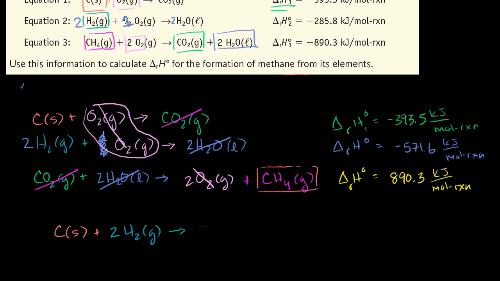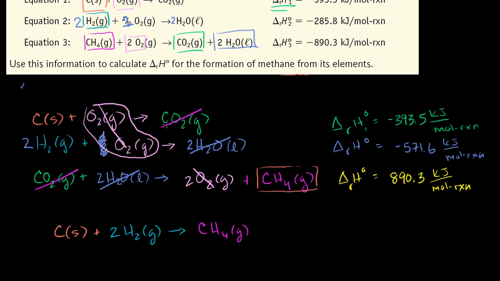Remember, we had to flip this reaction around and change its sign, and we had to multiply this reaction by 2, so that the sum of these becomes this reaction that we really care about.